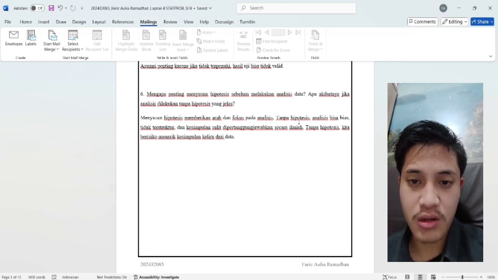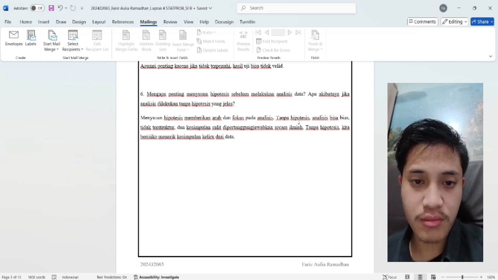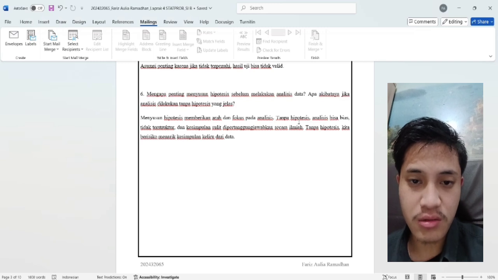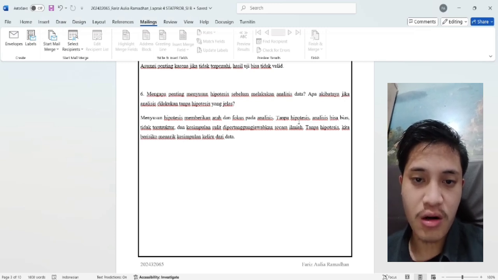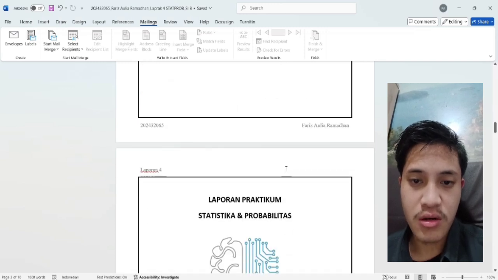Without a hypothesis, the analysis may become biased, unstructured, and lead to conclusions that are not scientifically accountable. Without a hypothesis, there is a risk of drawing incorrect conclusions from the data.